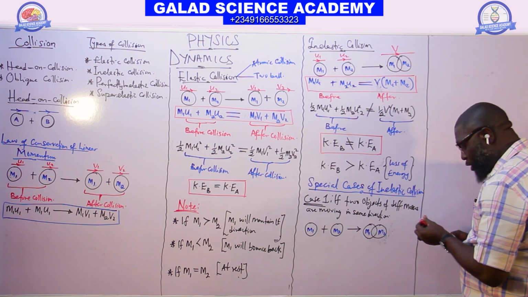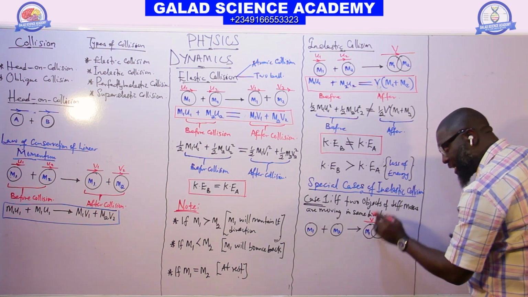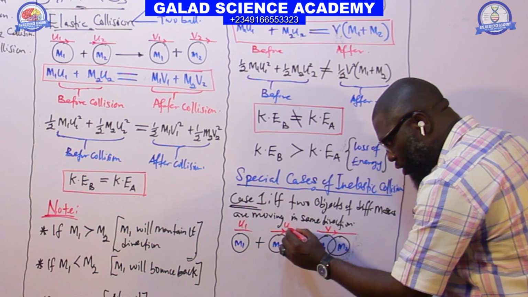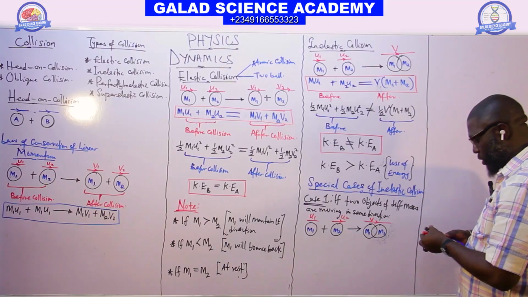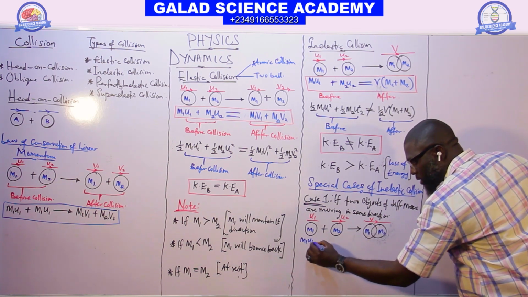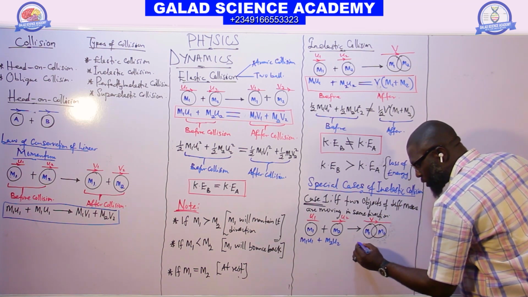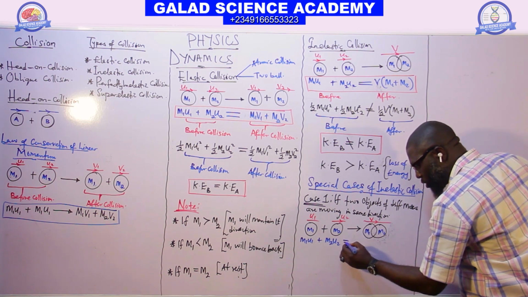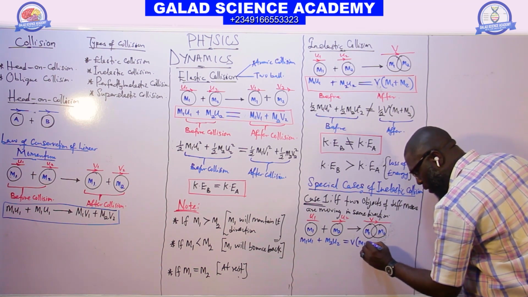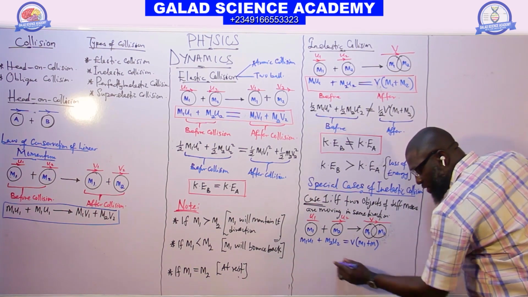If the two bodies stick together after collision and move with the same velocity, that is inelastic. Combining, we have m1 u1 plus m2 u2 is equal to v into bracket m1 plus m2.